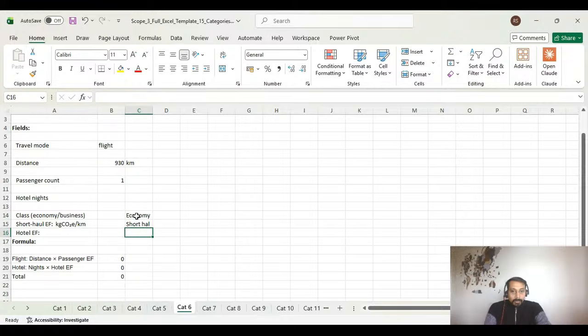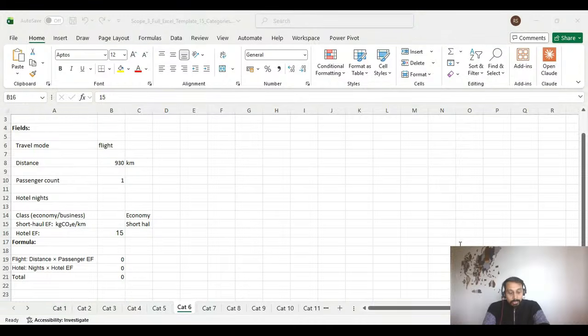Hotel emission factor is also there, and as per UK DEFRA, it's 15 kilogram CO2 equivalent per night if you are staying in any kind of hotel.